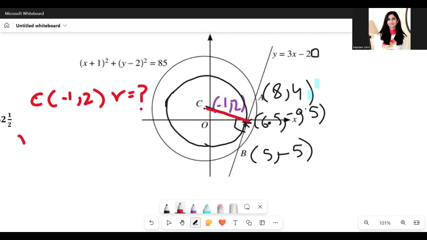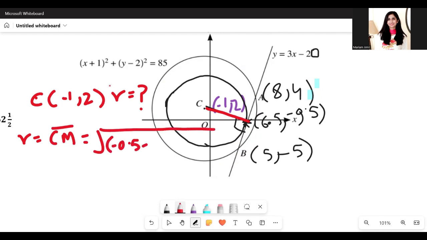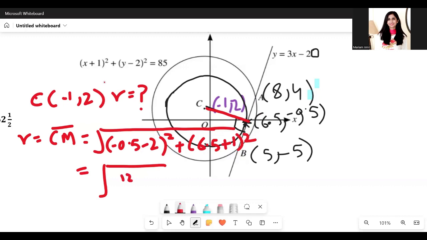So apply the distance formula on C and the new midpoint. It's going to be the square root of (y2 - y1) whole squared plus (x2 - x1) whole squared. When you enter this in your calculator, it's going to give you square root of 125 over 2. What you can do is simply enter this, ignore the square root, enter this in the calculator. It's going to give you 125 over 2, and then put the square root on it yourself.